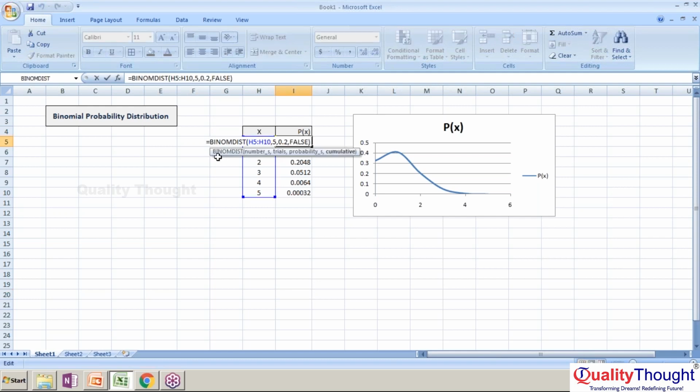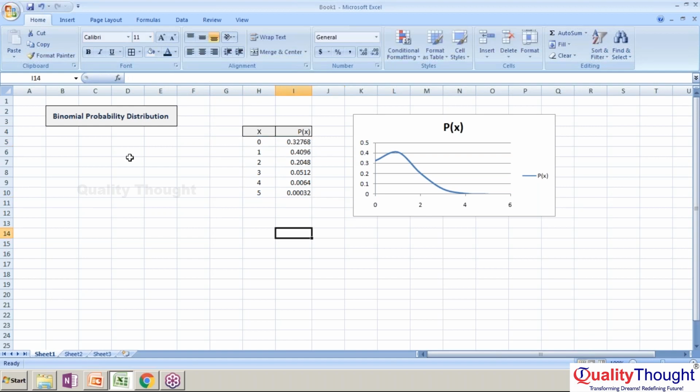Whenever you say equals BINOM.DIST, it takes four different parameters: the number of successes, next the number of trials, next the probability, and next the cumulative value. Cumulative represents data in a different way. When you say true, it makes the data cumulative; it is not the individual values.